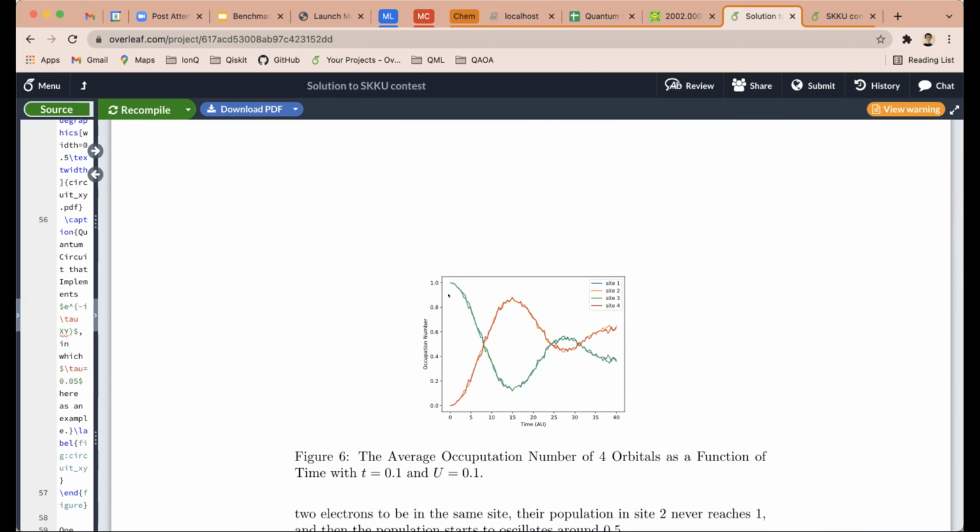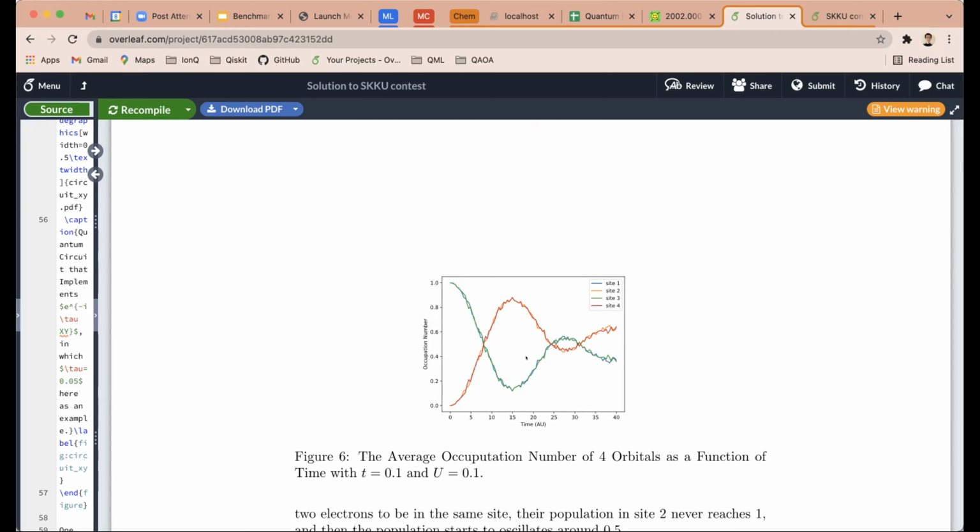So since now we have a much larger on-site repulsion, although the 2 electrons still want to go from site 1 to site 2, they cannot really do that because it would induce a very large energy repulsion.